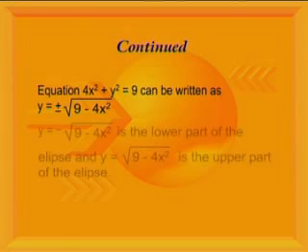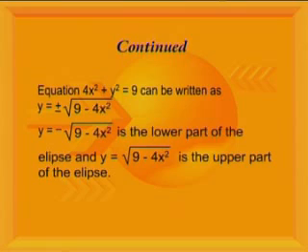The lower part of the ellipse under the x-axis is y is equal to negative square root of 9 minus 4x square, and the upper part of the ellipse above the x-axis is y is equal to square root of 9 minus 4x square.